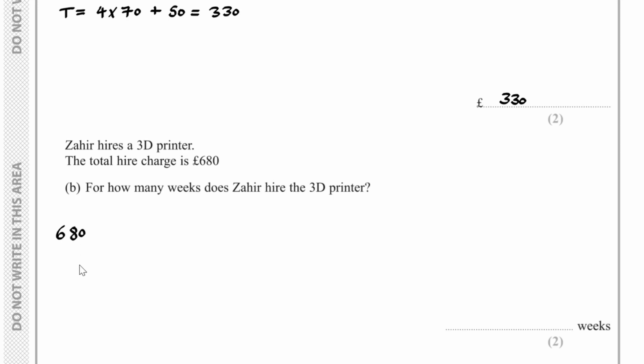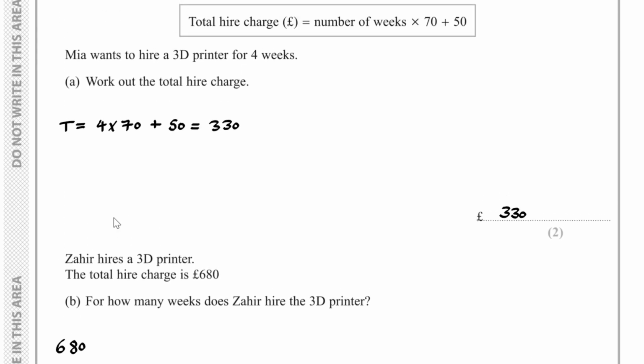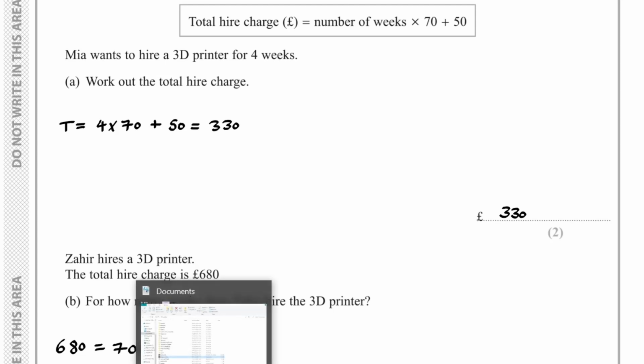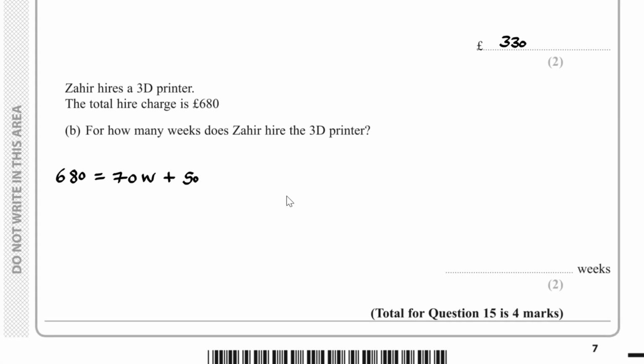And this is equal to the number of weeks, we'll call this W, multiplied by 70, so we have 70W plus 50. We want to find out the number of weeks, so we have to rearrange for W. If I subtract 50 from both sides, then on the left hand side we have 630, and this is equal to 70W.